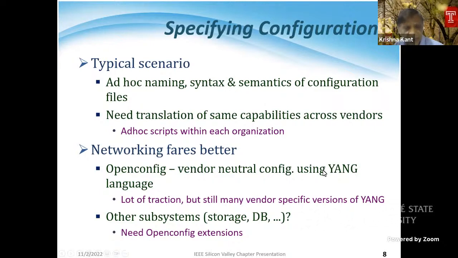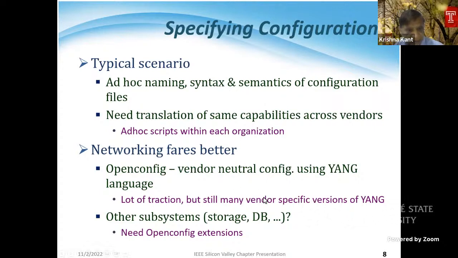But still, it's not easy to express everything in a standardized language. What ends up happening is that there are many vendor-specific versions of Yang, which once again comes back to the same old problem, although it's not so bad anymore, because most of the common configuration parameters can still be expressed in a standardized way. It's only the specialized features that are a problem.